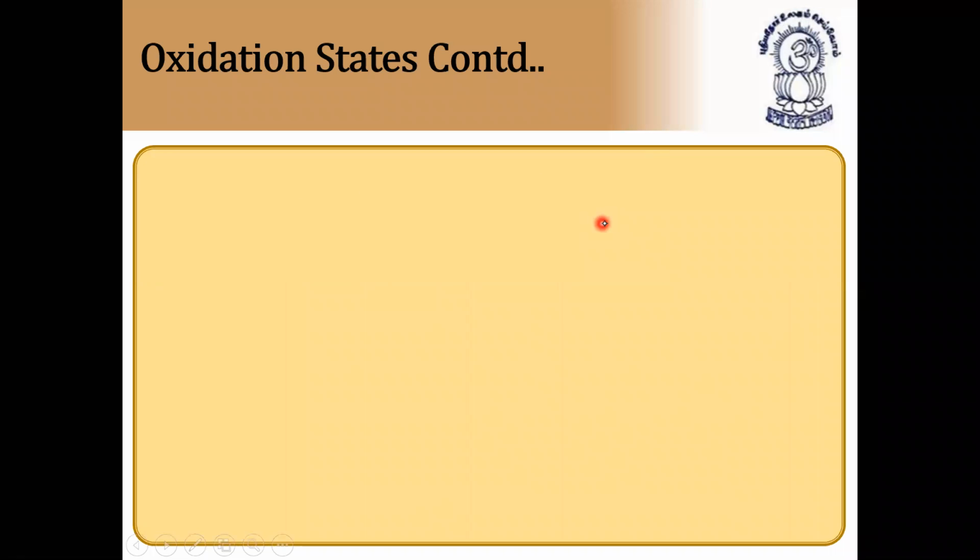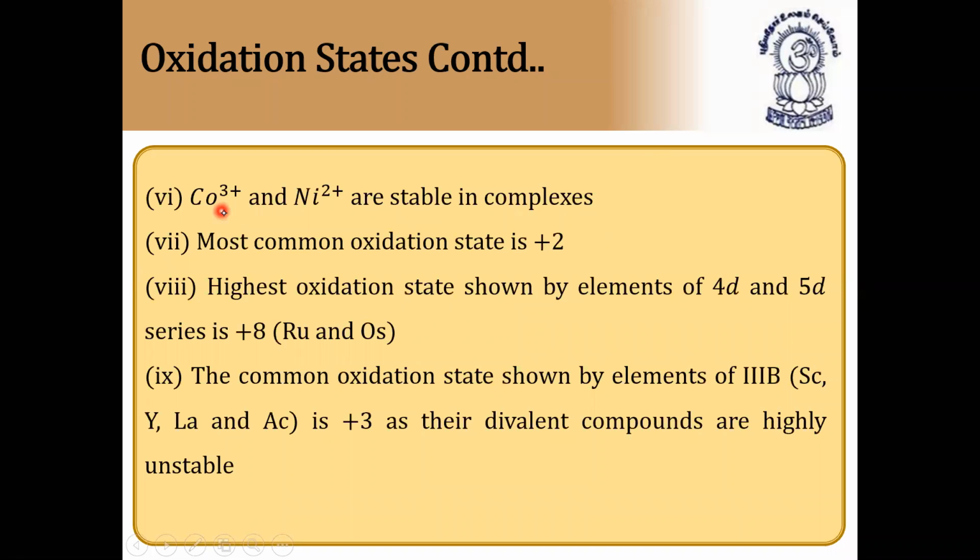Next continuation, oxidation states. Cobalt and nickel are stable in complexes. And the most common oxidation state is +2 for all 3d series. The highest oxidation state shown by elements of 4d and 5d are, as I told you, ruthenium and osmium. They exhibit even +8 oxidation state.